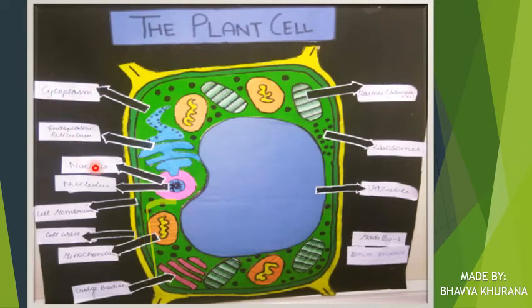The next cell organelle which is very important is the endoplasmic reticulum, which surrounds the nucleus, and it connects it to different cell organelles as well as to the cell membrane. It basically carries out the function of transportation. It consists of a network of tubules which are involved in the transportation of materials from the cell to the nucleus and vice versa.